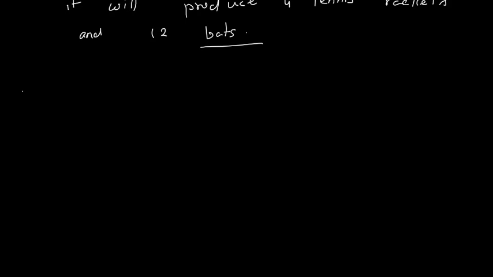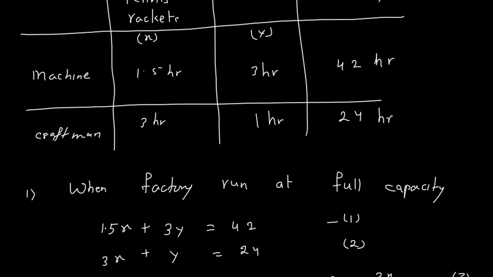Now the second part of the problem: if you see the second part, it asks us to find the number of rackets and bats to be made so as to have the maximum profit. So in the second part, let Z be the total profit. Here we can add one more line for profit.